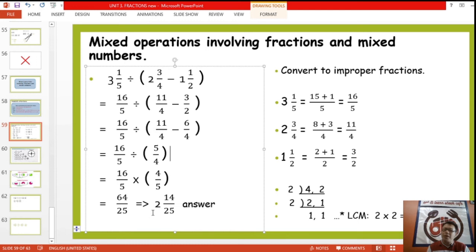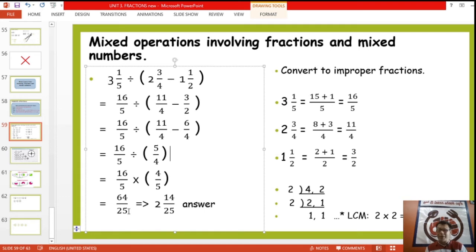How to do this? Just simply divide the numerator by the denominator. Again, if you forget about this, just go back to my previous lesson about this. So, 64 divided by 25.